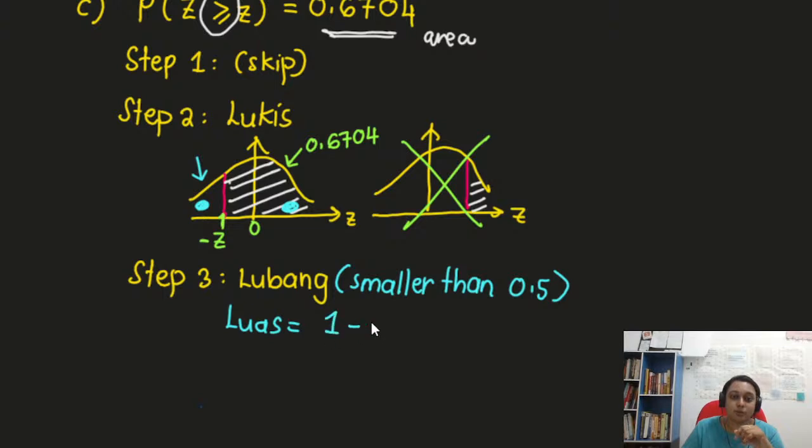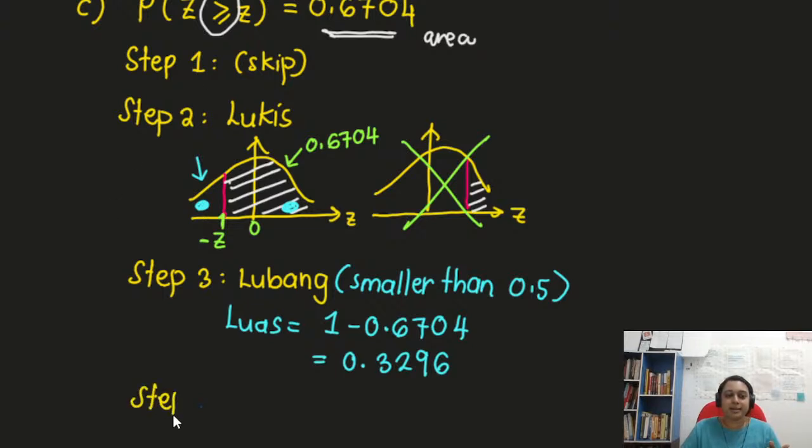Take 1, tolak 0.6704. You must cari like that. Okay, so 1 minus 0.6704 is 0.3296.